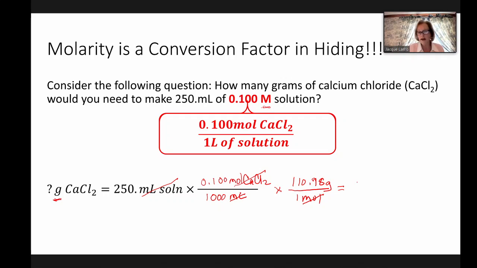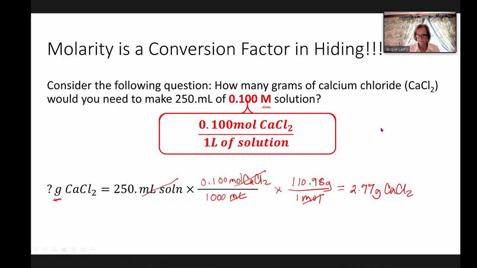You would actually have to measure out 2.77 grams of calcium chloride to make this solution. Okay. Now, you can do 0.1 moles divided by 1 liter and then add another factor that converts milliliters to liters. I did that as one step there.